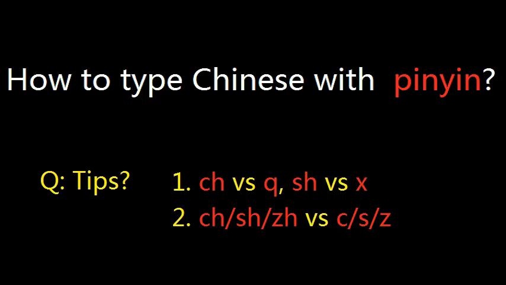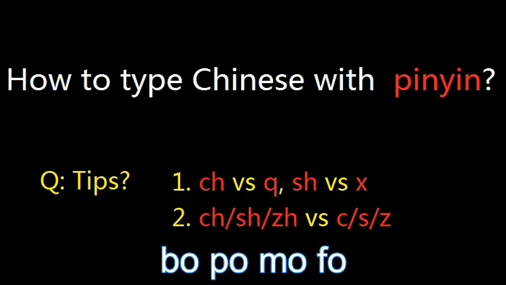When the Pinyin system was created, it borrowed English letters to denote certain sounds. There are 3 different situations. First, many of them are similar, such as consonants B, P, M, F, which are pronounced as in Pinyin, bo, po, mo, fo.